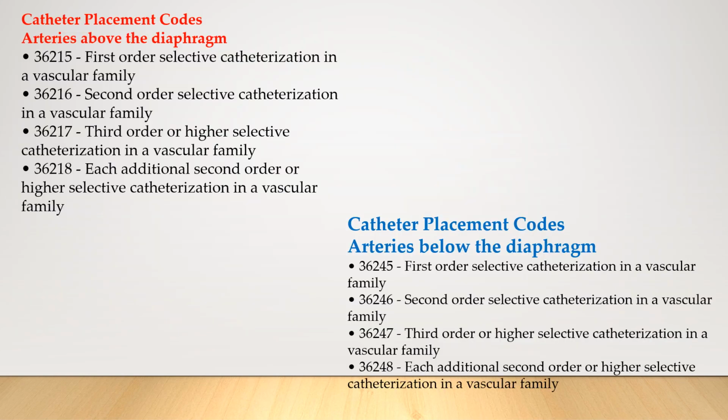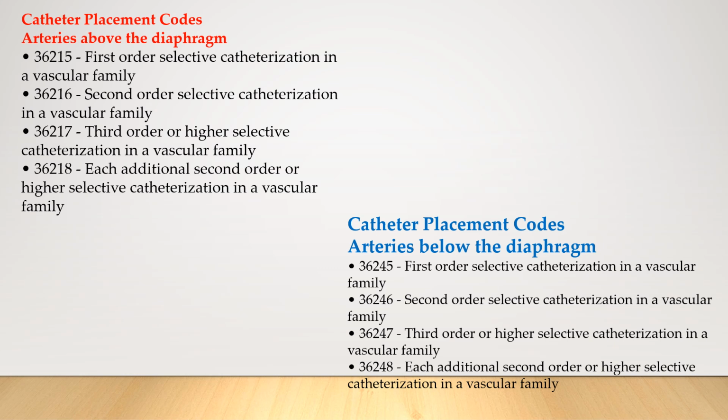Now we have two types of code, the catheter placement codes. For the arteries above the diaphragm, we use this series: 36215 for the first order, 36216 for the second order, 36217 for the third order, and 36218 for each additional second order or higher selective catheterization.